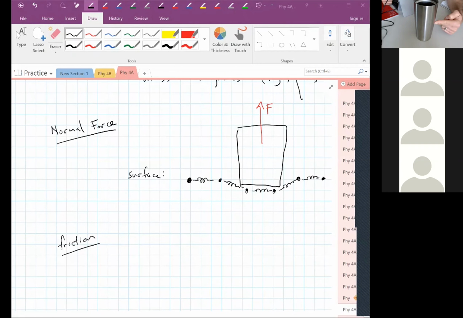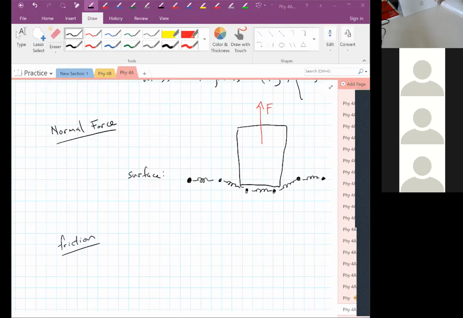If I increase my pushing force to 2 Newtons and the mug doesn't move, we know friction is pushing back with 2 Newtons. Now I'm pushing with 3 Newtons and the mug's not moving, so there's a friction force of 3 Newtons. But if I keep pushing harder and harder, eventually it breaks free and it moves in that direction.